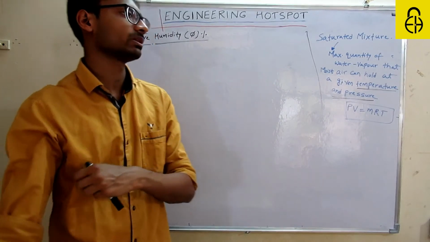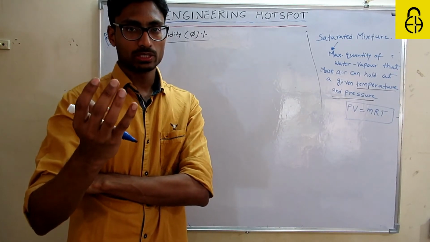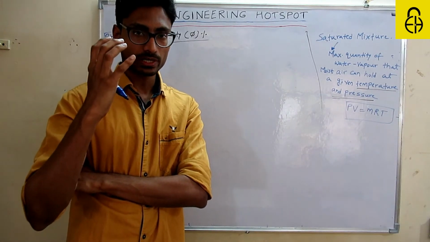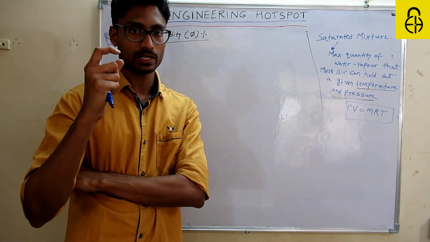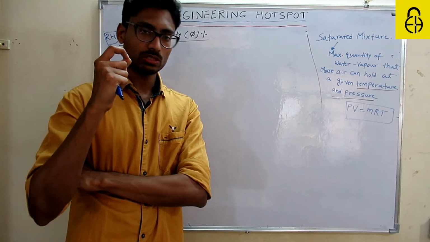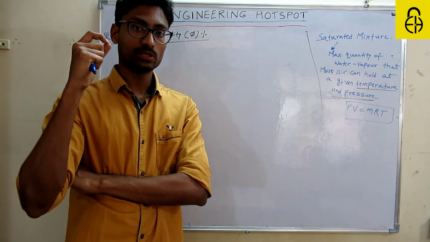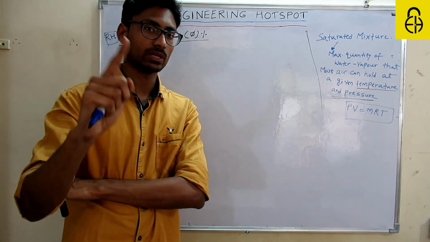Basically, what is relative humidity? The relative humidity is the ratio of mass of water vapor in a given air sample to the mass of water vapor when it is fully saturated for a given air sample.